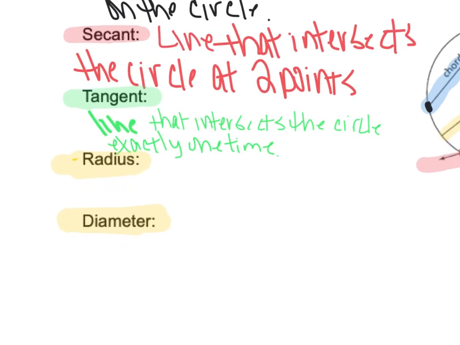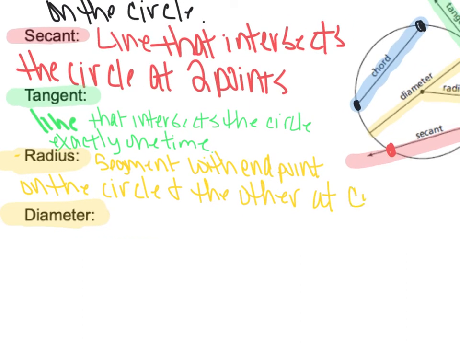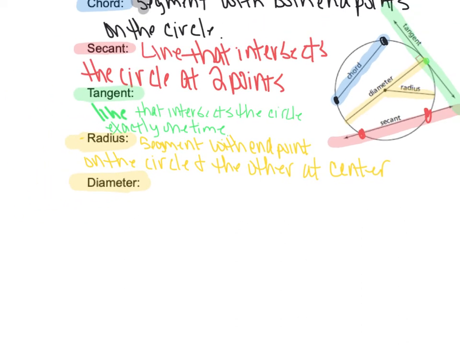It has two endpoints. So it's a segment with one endpoint on the circle and the other at the center of the circle. Thinking logically, a radius goes from the center to the outside. It's basically half the distance across.